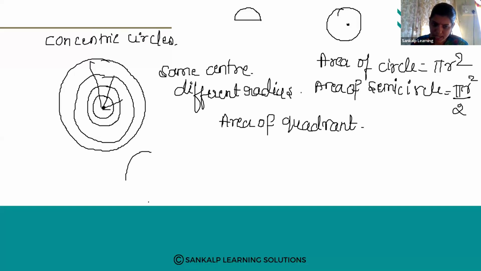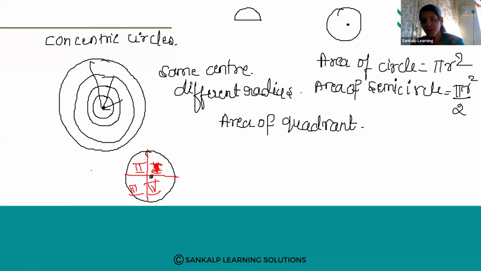If you take one circle and divide the circle into 4 parts, this is one part, this is the second part. Here I can get 4 parts: 1, 2, 3, and 4. This is the first part, this is second, third, fourth. Since there are 4 parts, we call each a quadrant.